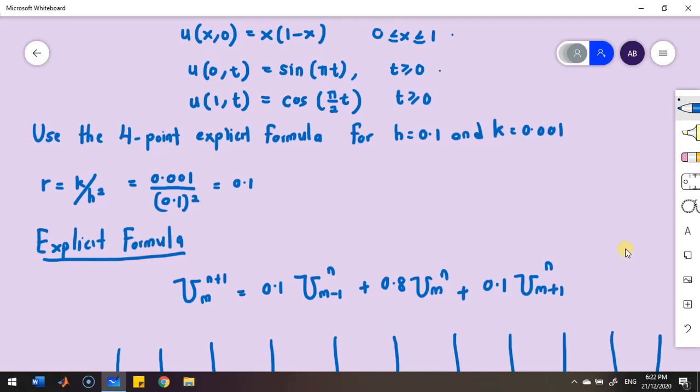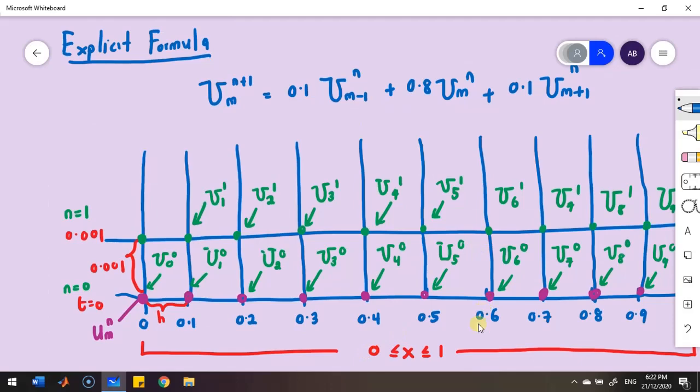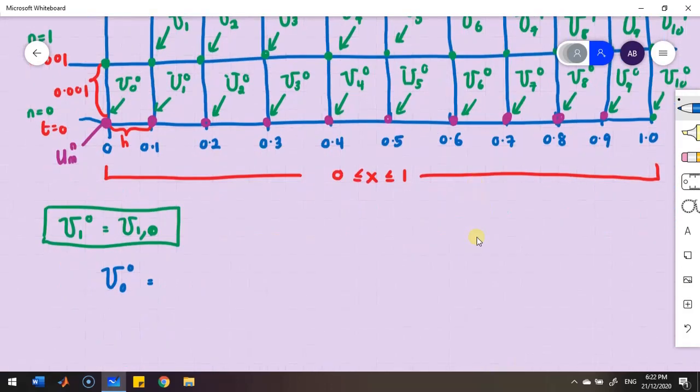They should end up giving me the same answer. When x is 0, what do I have? 0, right? And when t is 0, sine 0 is 0. So the value at U00 is 0. I'm going to give it to 4 decimal places.